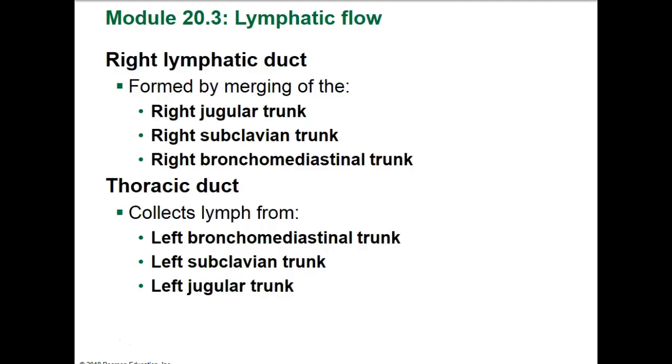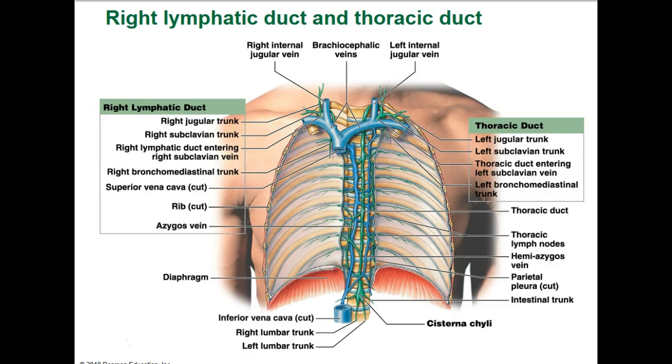So the right lymphatic duct is formed by merging of the right jugular trunk, the right subclavian trunk, and the right bronchomediastinal trunk. The thoracic duct, it collects lymph from the left bronchomediastinal trunk, the left subclavian trunk, and the left jugular trunk. So this shows that distribution in the collection ducts.